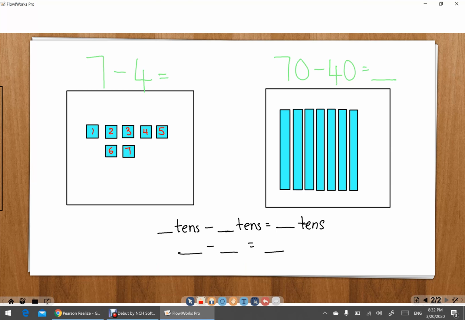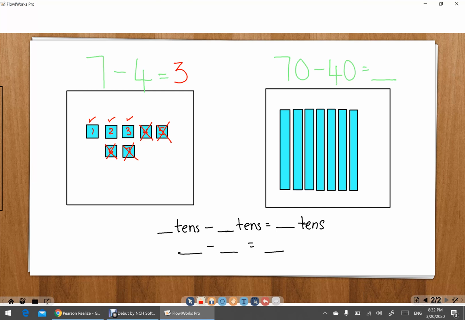So from 7, I will take away 4. 1, 2, 3, 4. How many am I left with? Excellent. I'm left with 1, 2, 3. So 7 minus 4 gives me 3.